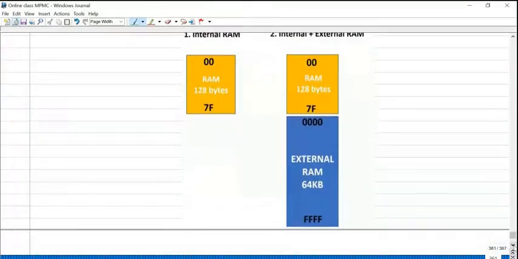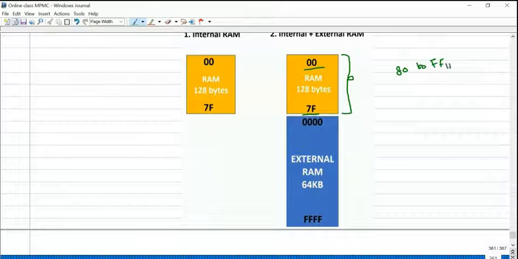Next, RAM, 128 bytes of RAM, and hexadecimal representation 00 to 7F. In 00 to 7F, we discussed register banks are available and some spaces are available. And 80 to FFH, special function registers are occupied.